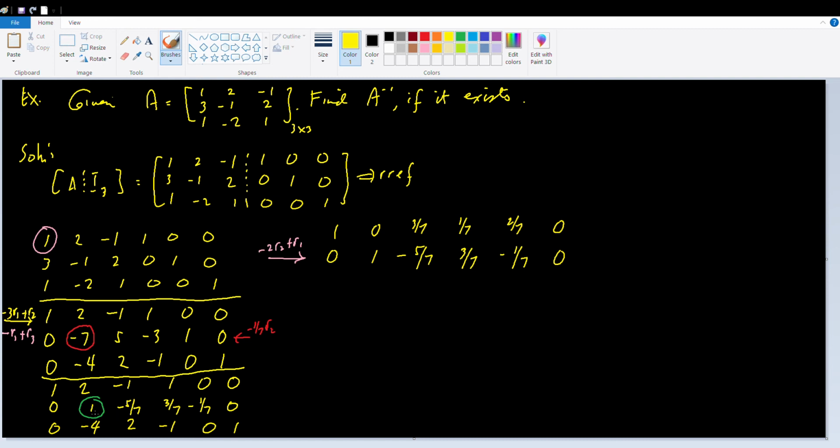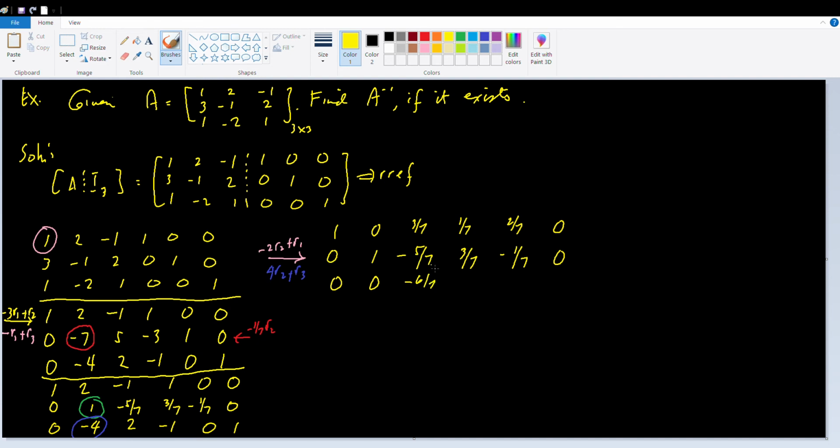Then we have to make this a 0. So we multiply the second row by 4 and add it to row 3. Okay, so 4 times 0 is 0 plus 0 is 0. 4 times 1 is 4 minus 4 is 0. 4 times negative 5 over 7 plus 2 will give us negative 6 over 7.